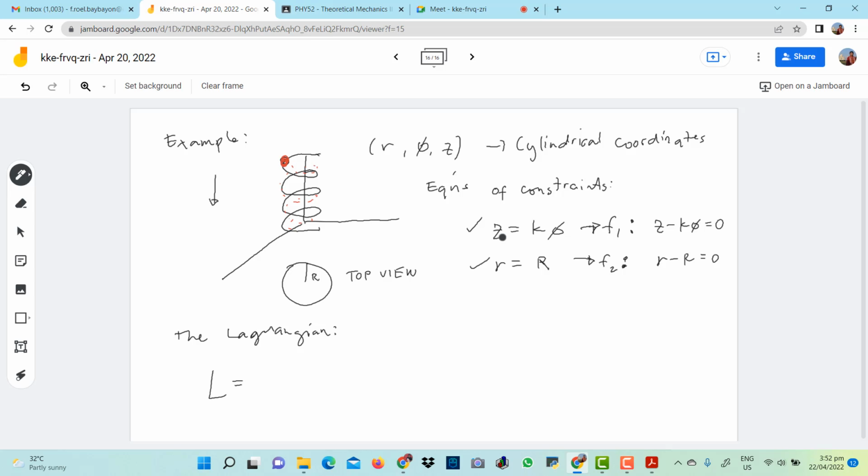Here I have three kinetic energies, with x, y, z; this one is z, this one is x, and this one is y.